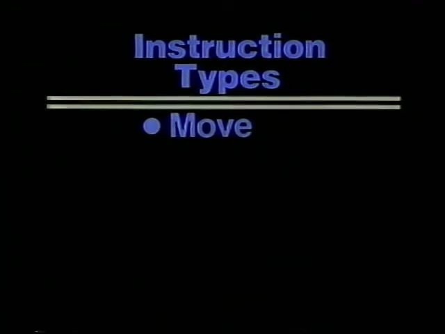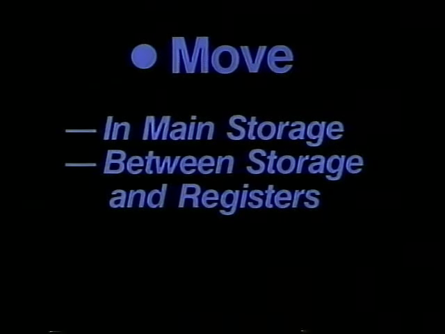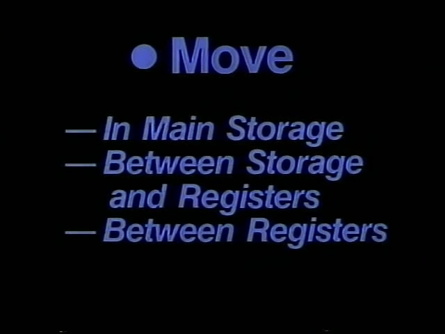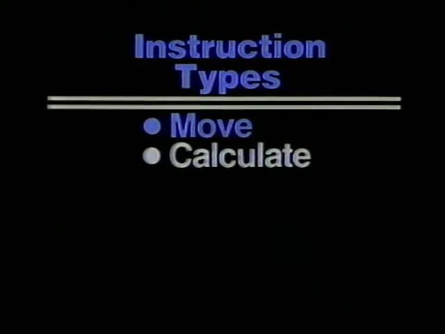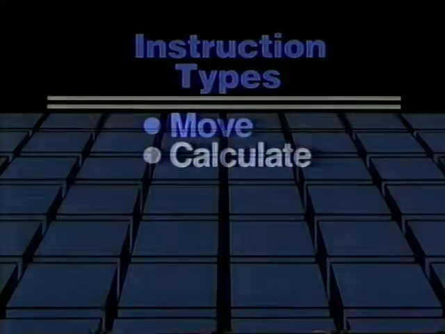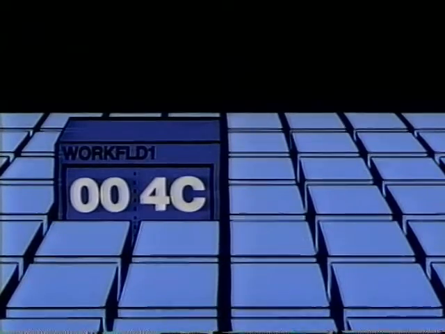What move instructions do we have so far? The first type of instruction lets you move data between locations in main storage, between main storage and registers, and between registers. A second type of instruction lets you calculate or perform arithmetic on your data. Let's say that work field 1 has this value, and that work field 2 has this one.